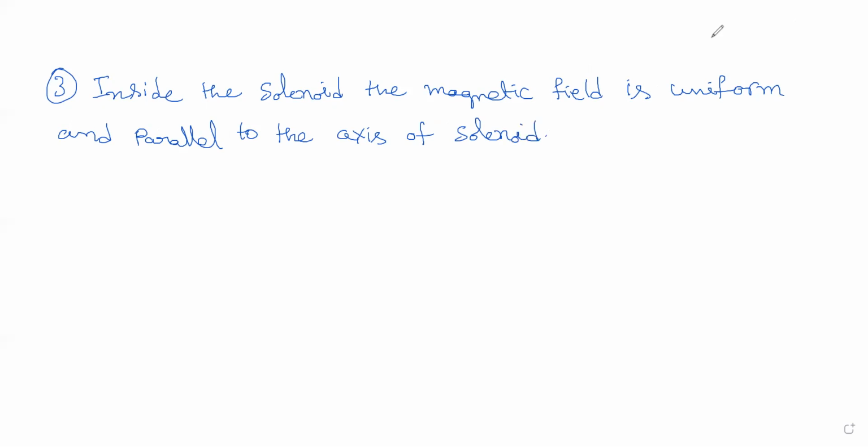So you take this solenoid, this is called the axis of the solenoid. And the magnetic field, whatever it produces, is parallel to the axis of the solenoid.